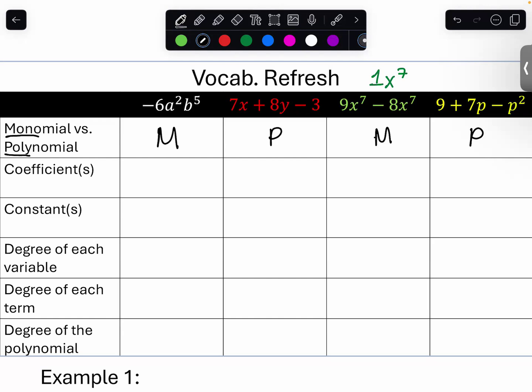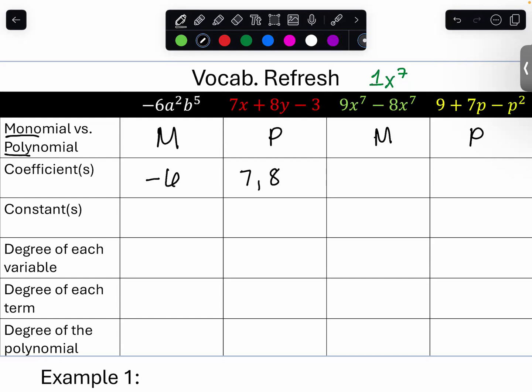Now, the coefficients are numbers that are being multiplied by our variable terms. So in this first monomial, that negative 6 is our coefficient being multiplied. In our second polynomial, we have 7, 8, and technically, we would not want to have negative 3 in there.